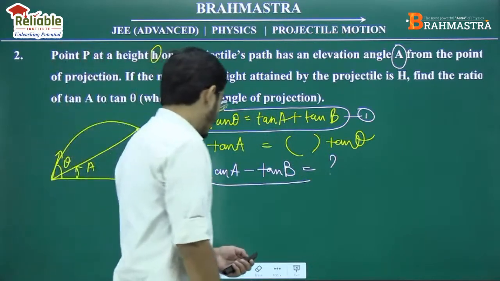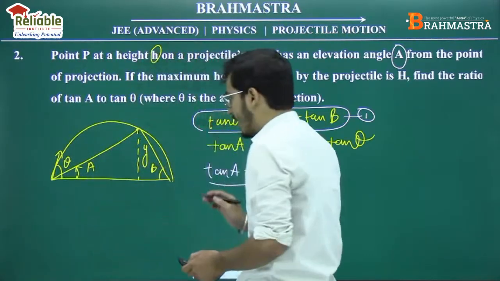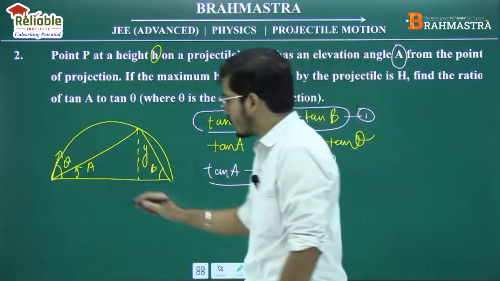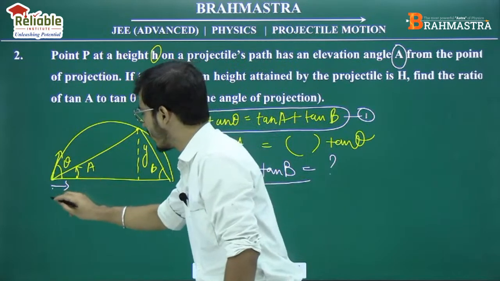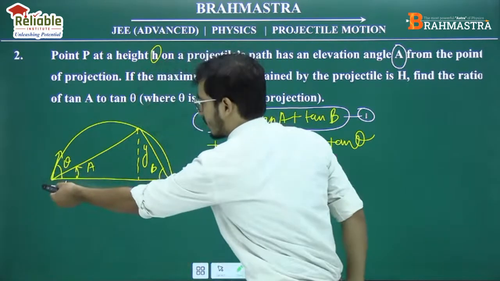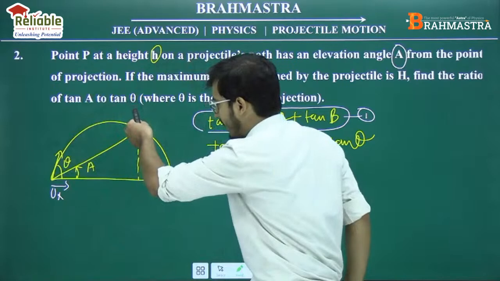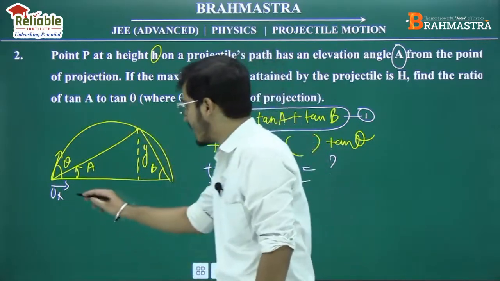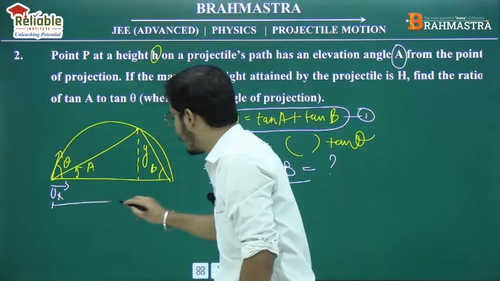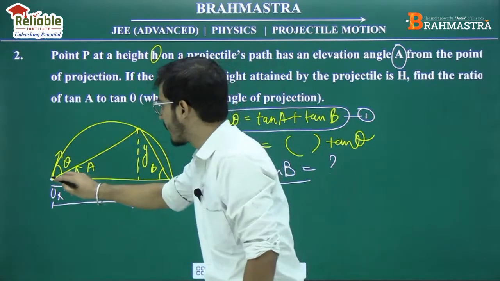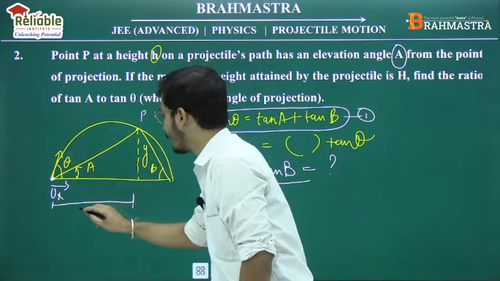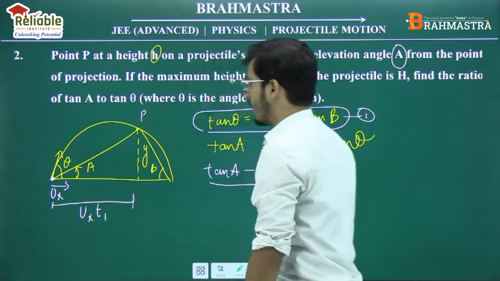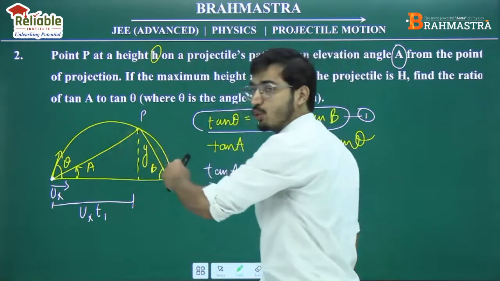Fine. So please understand what is the value of A and B. We must place the value of tan A and tan B. So again, the horizontal velocity ux, right? If the projectile takes t1 time to reach point P, then it will take t2 time to reach the downward portion. So this particular length, if the projectile has taken t1 time to reach point P, I can write ux t1, and the time t2, right?